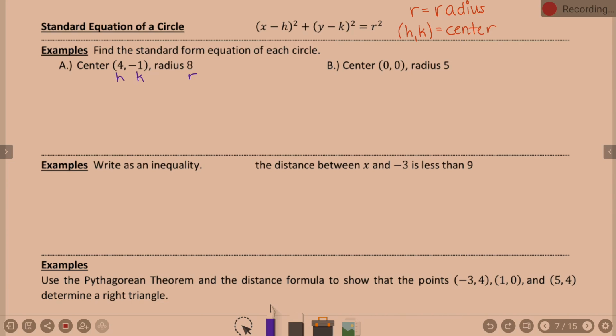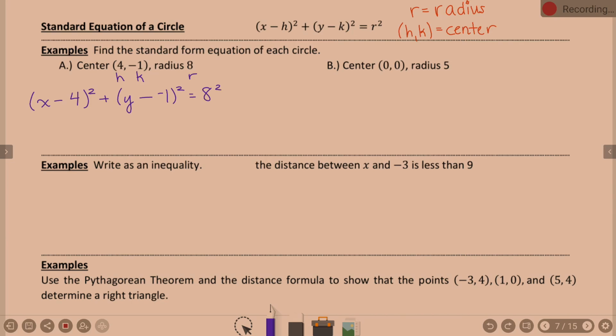So if we start filling this out, because all we're doing is writing the standard equation of a circle: parentheses, x minus, what's h? 4, quantity squared, plus, parentheses, y minus, what's k? -1, y plus 1. Okay. Officially, y minus -1, yes, I'm going to change it in the next step to y plus 1. Quantity squared equals r squared.